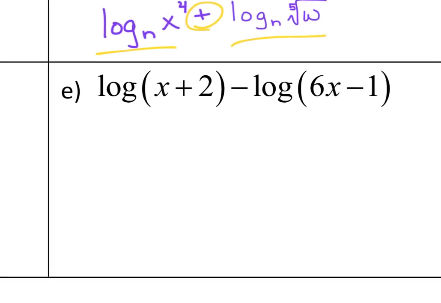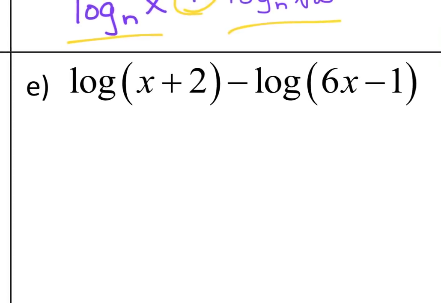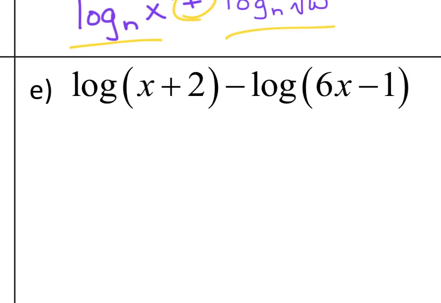In part E, I'll remind you that if the argument of the logarithm is an addition or a subtraction problem, you cannot do anything. You can't change what's inside those parentheses because it's addition and subtraction problems.